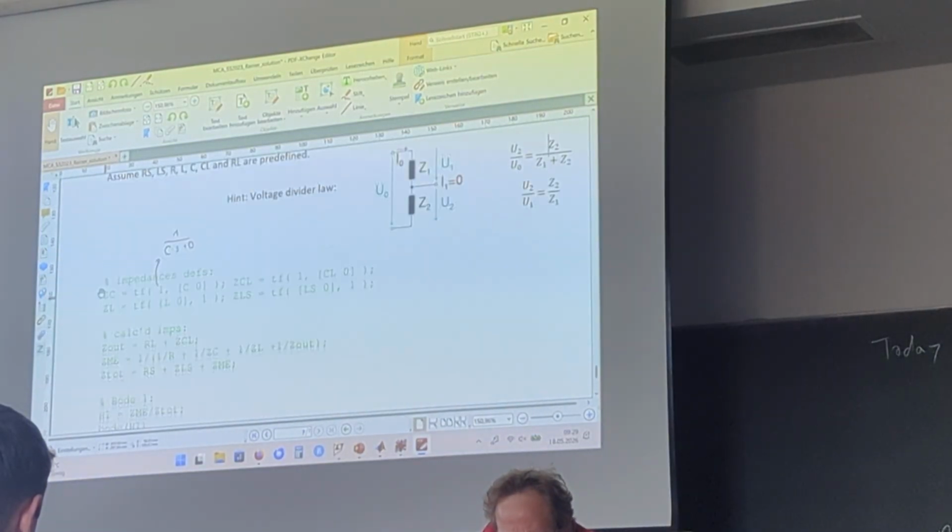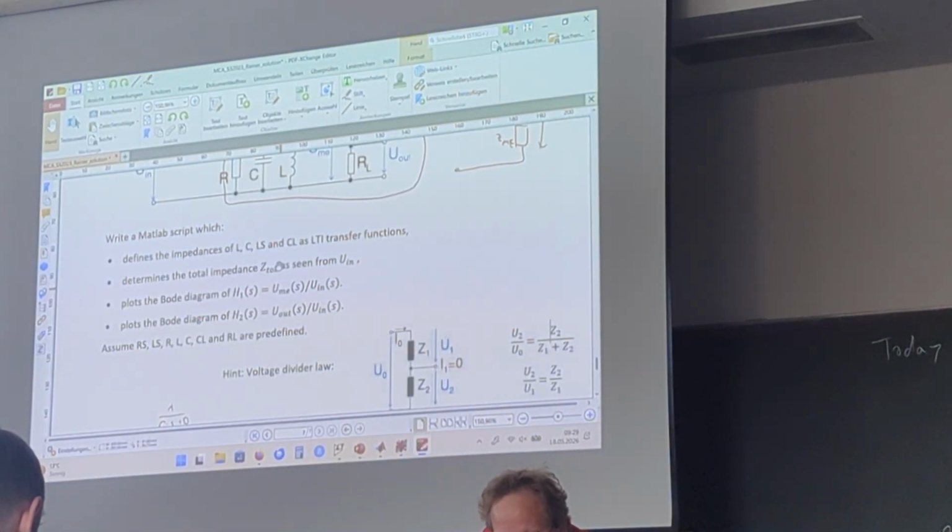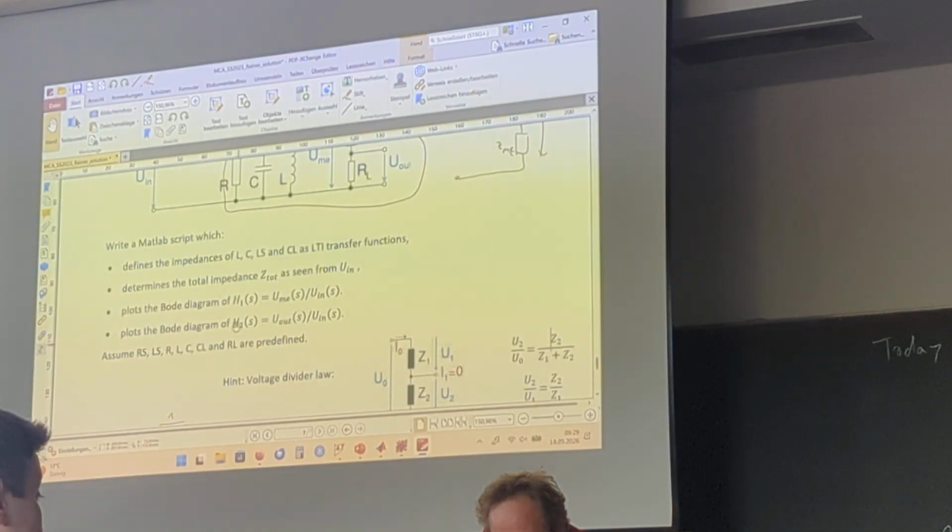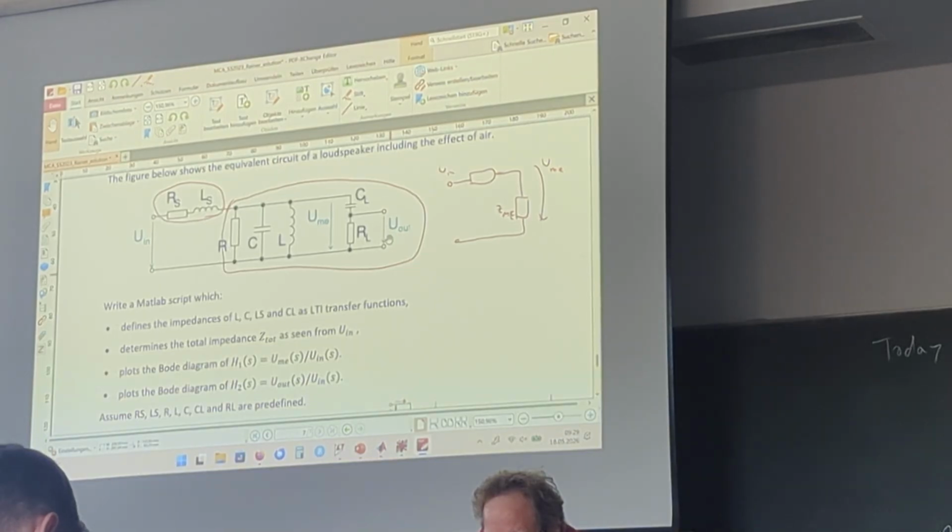Then the second one, what's the second one? Plot the diagram of U out divided by U in, so that's only across the resistor here.